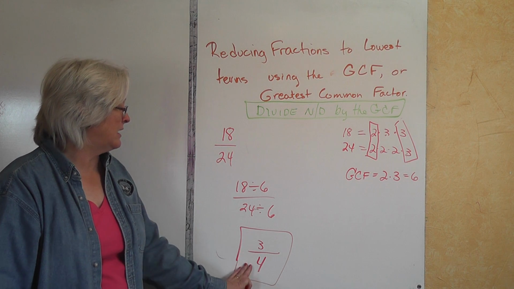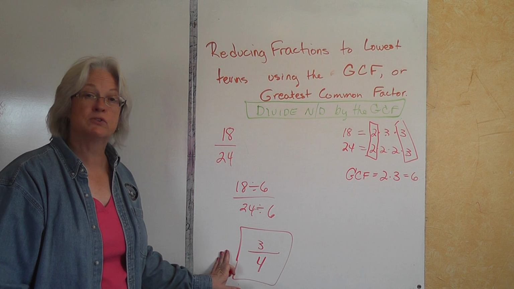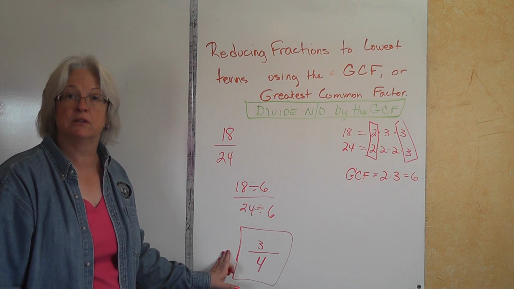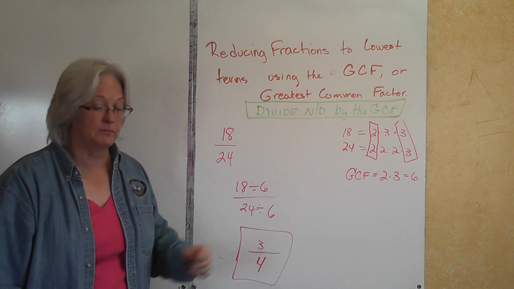And we now have our fraction of 18/24 reduced to lowest terms. We reduced it to lowest terms by dividing by the greatest common factor.